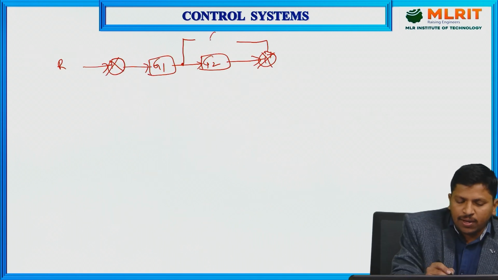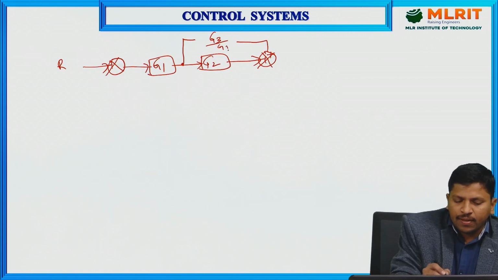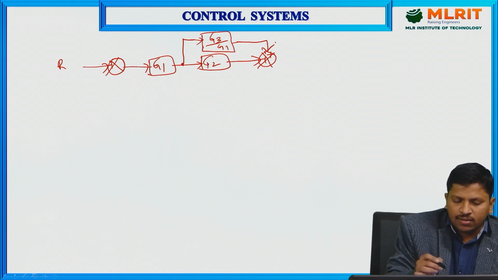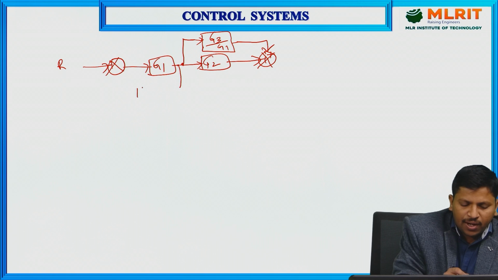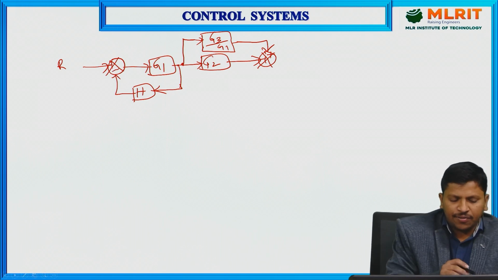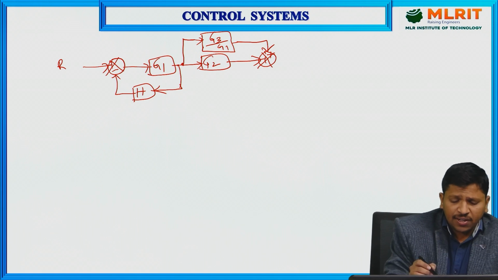And we also have one feedback loop available. This is the feedback element, the feedback gain is H, with a negative sign, negative feedback. Finally, this is what we got when applying the second rule.